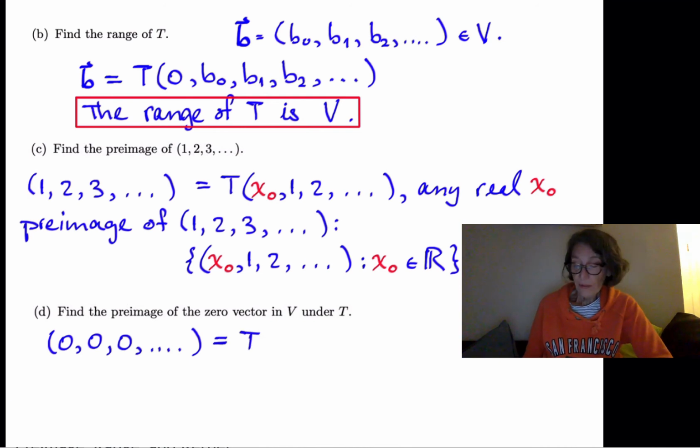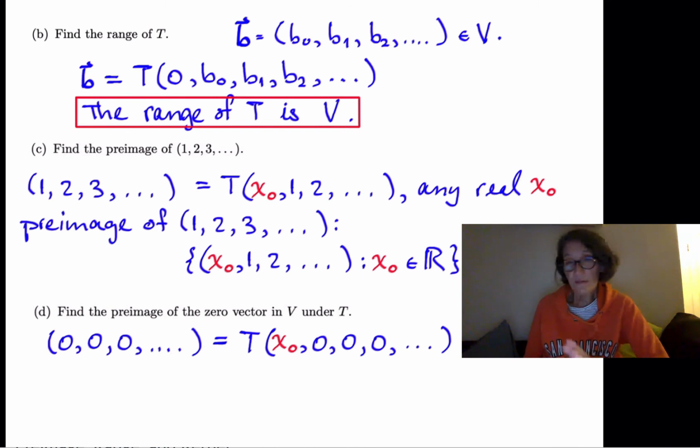Well, it's all the sequences that start with some real number, but then have zeros in the rest of the terms. The 0 vector, or the additive identity element, or the infinite sequence of zeros, is the image of any other sequence that has any real number in the first term and then zeros in the rest of the terms.